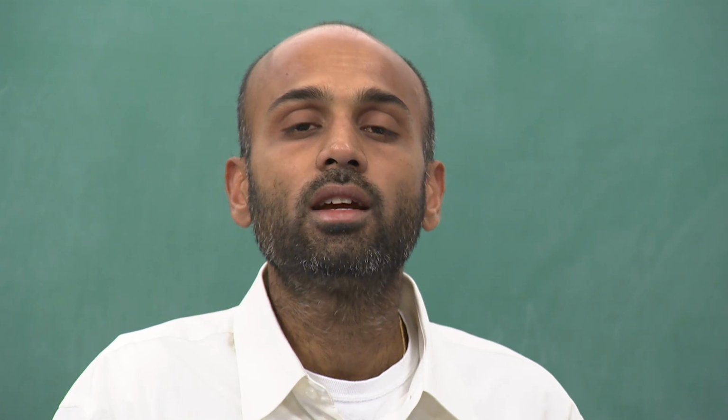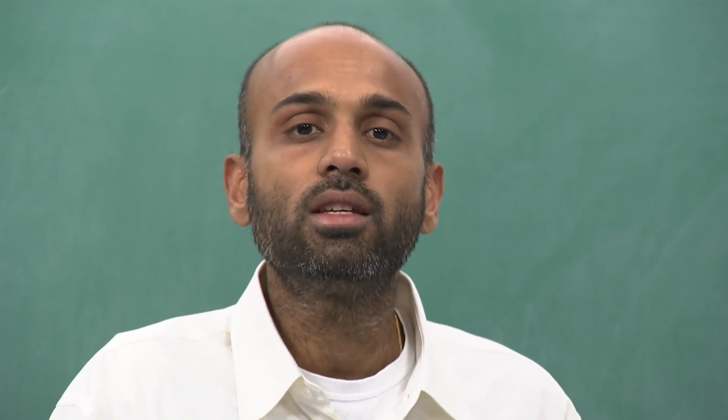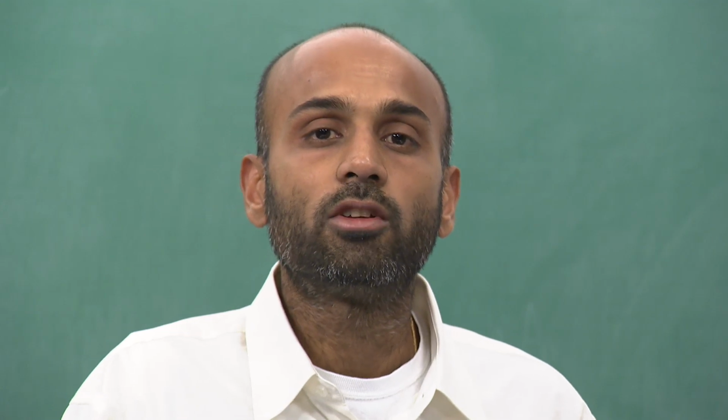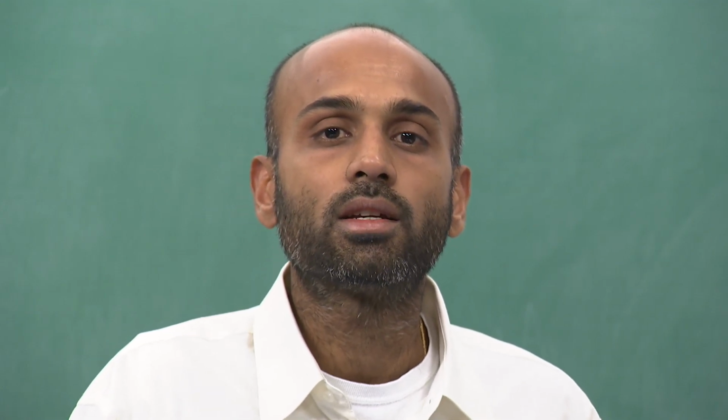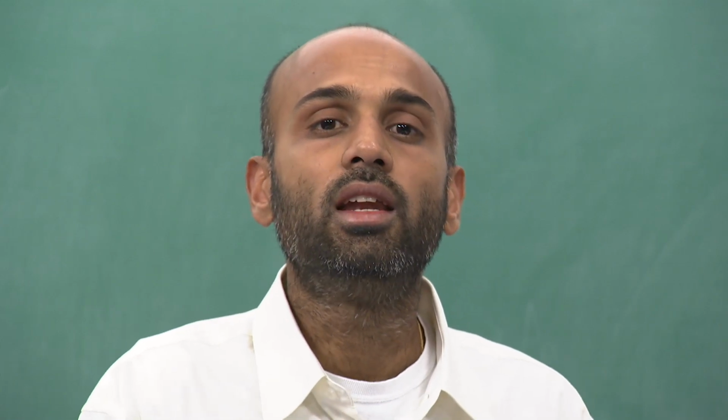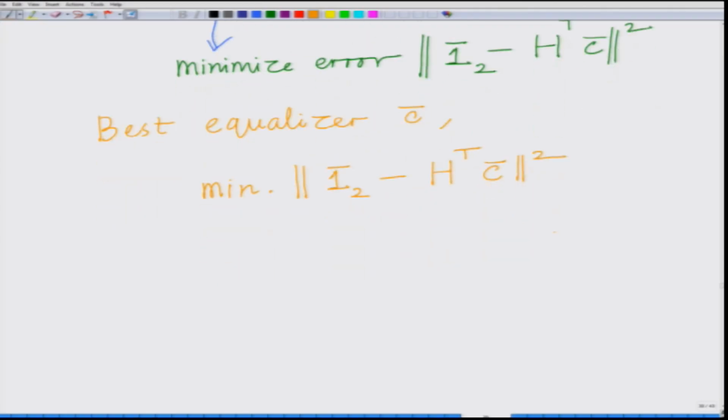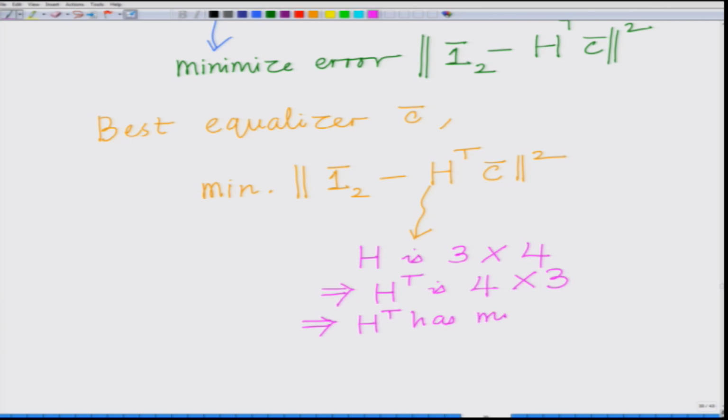So, we are basically considering that C bar which has the least error, that is which minimizes the error 1 bar 2 minus H transpose C bar, that is basically the least square solution. And now you can see this is indeed the least square solution, because look at this, the size of H is 3 cross 4, which implies H transpose is a 4 cross 3 matrix, which implies H transpose has more rows than columns.